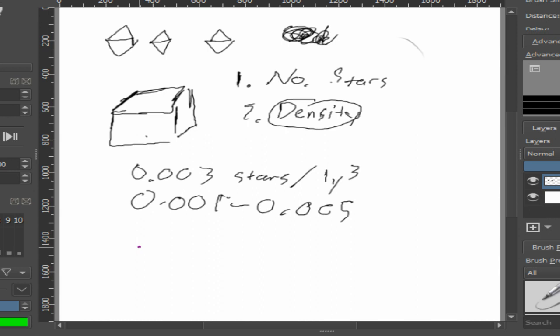So based on those two things, the cube now has a cubic area that it can cover, or cubic meters to be precise. So here the cube is now made of smaller cubes, and those are each 1 cubic light year.